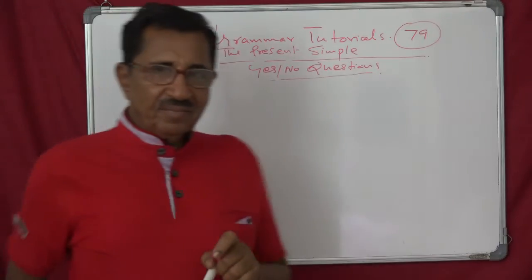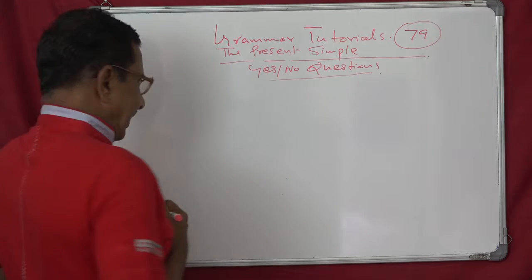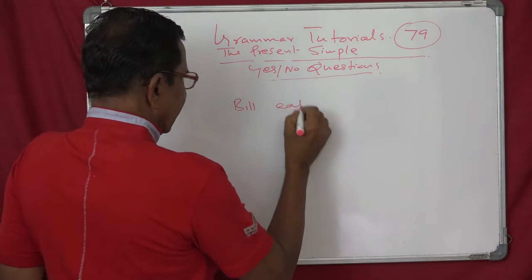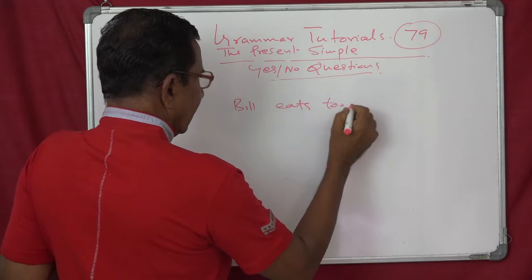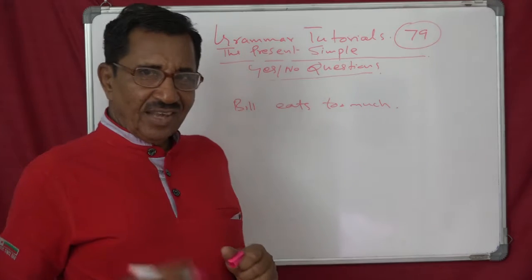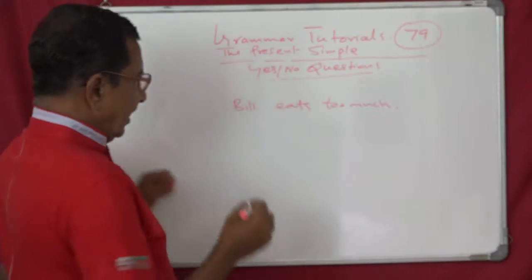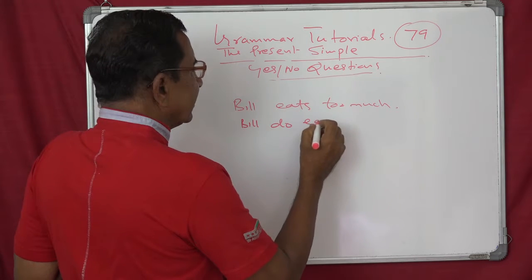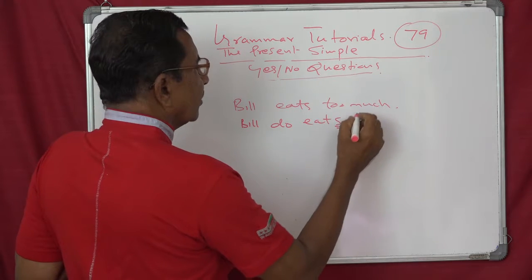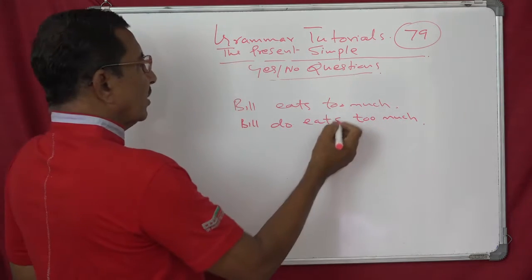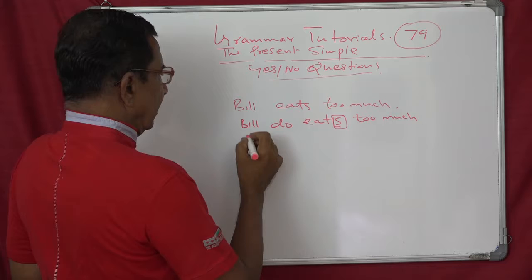Another example. Bill eats too much. Bill is very fat. So now we are asking a yes or no question. Bill do eats too much. Now tense marker has to be added here.